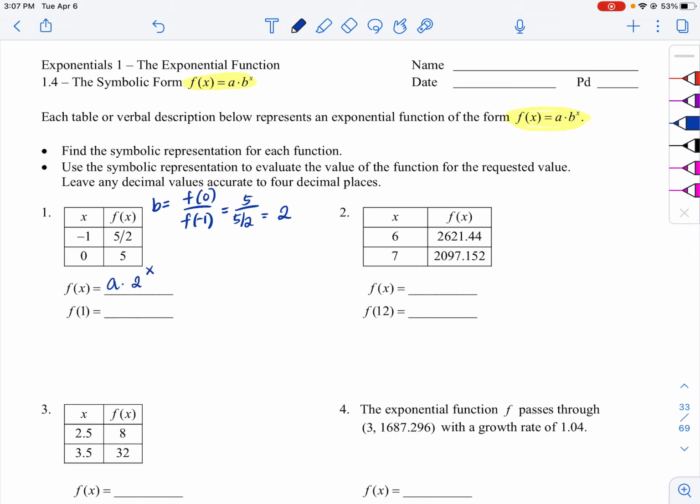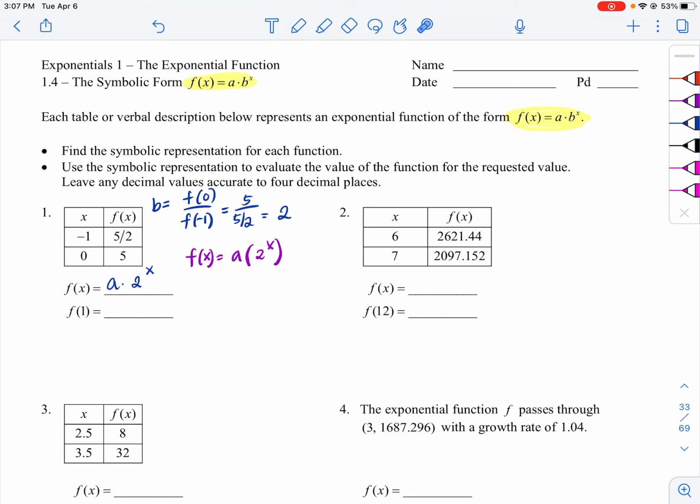Now that I have my b value, my task is to find the a value. So how do I do that? Here's the idea. Let me write this down. Let's put finding the a value in purple. So I have f of x equals a times 2, or usually I put parentheses around it, a times 2 to the power of x. I want to solve for the value of a.